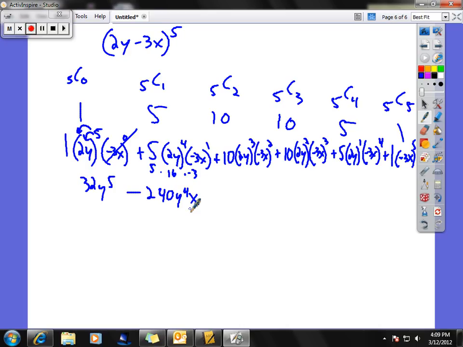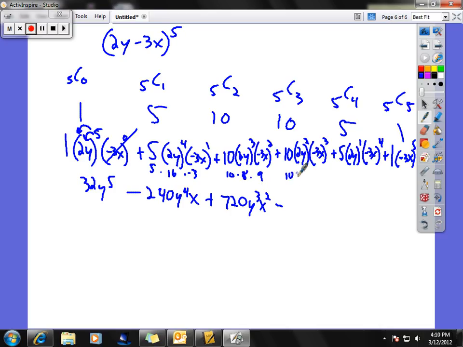Now over here, it's going to be squared, so it's going to be a plus. So I've got this 10. I've got 2 cubed, which is 8. I've got negative 3 squared, which is 9. So that is altogether 720. And I've got this y cubed x squared. This one's going to be minus now because I've got this 10.